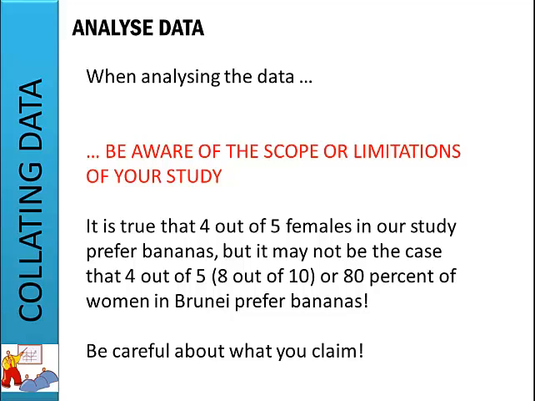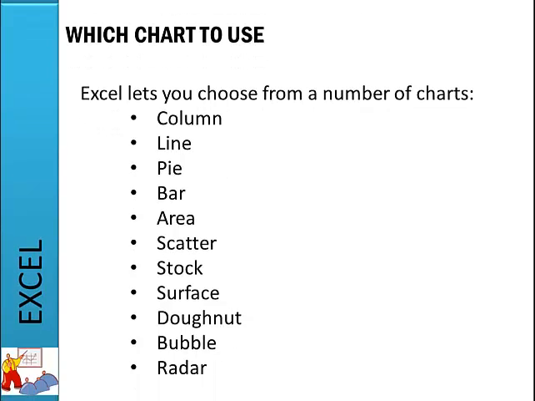We have to be aware of the limitations of our study, and our limitations in this study would be that we've only interviewed 5 women, and from 5 women we cannot extrapolate to the rest of the population. So we can only talk about the people that we interviewed. So be very careful about what you claim.